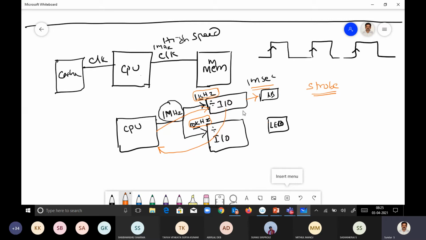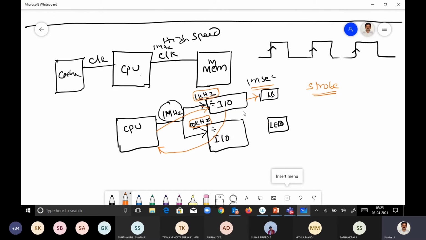Whenever CPU wants to transmit data to the devices, it can send during that time. This is what the strobe signal is. For this case, CPU should know at what time or when it can send data to a particular device. Whereas in handshaking mode, again all the concepts are the same.